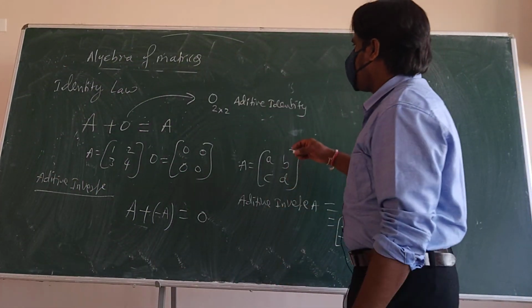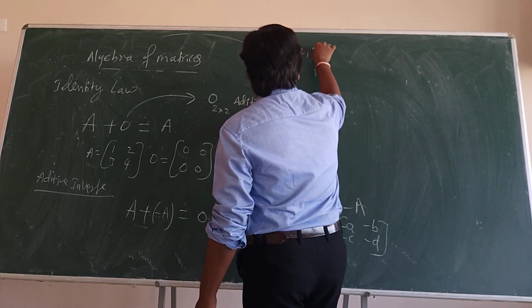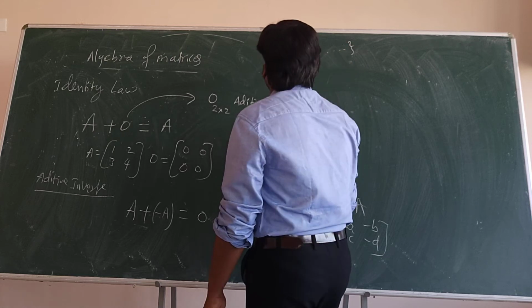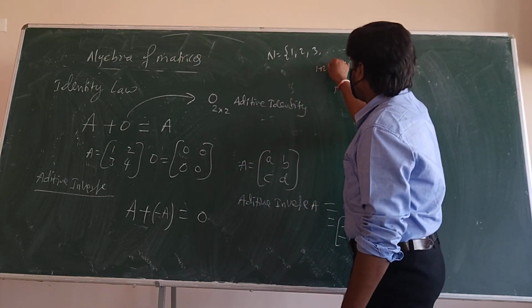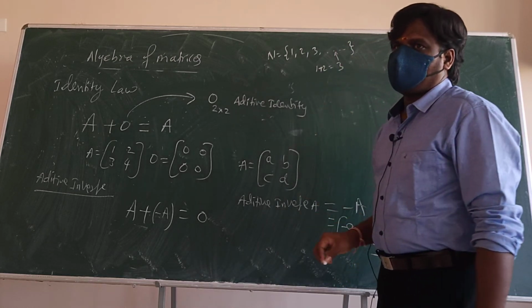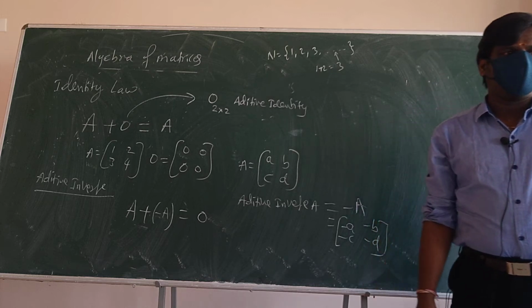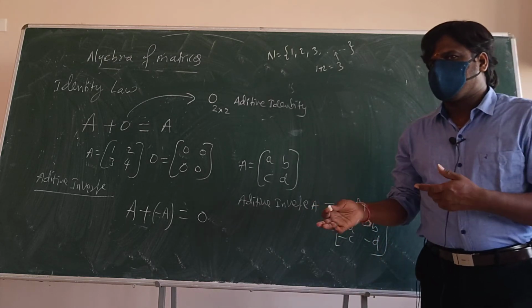See, natural numbers are there. Suppose natural numbers are 1, 2, 3, 4, and so on. After doing any operation between them, the result also belongs to the same set. Then it is called closure property. That is not there in this, but I am just explaining.